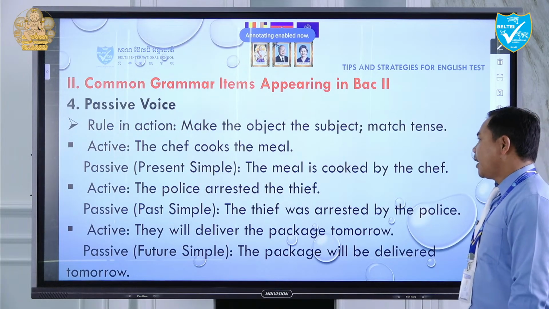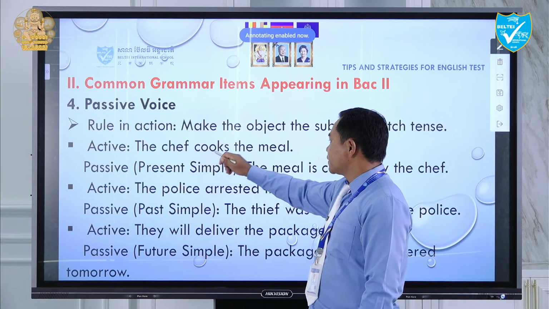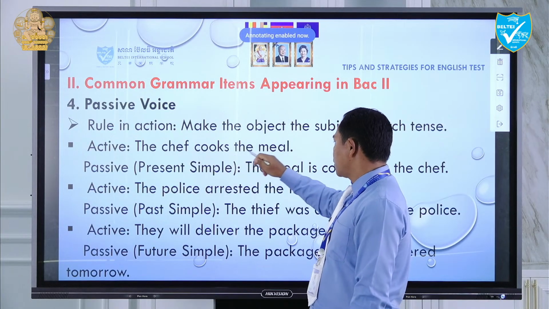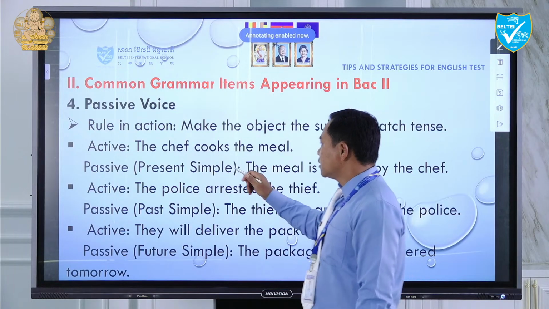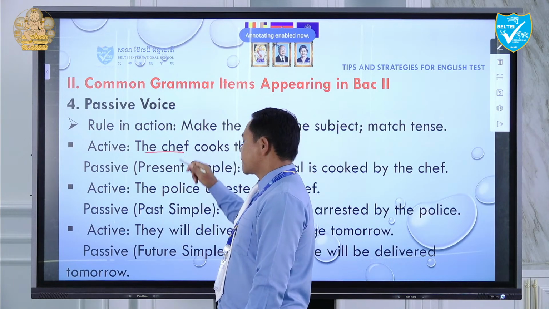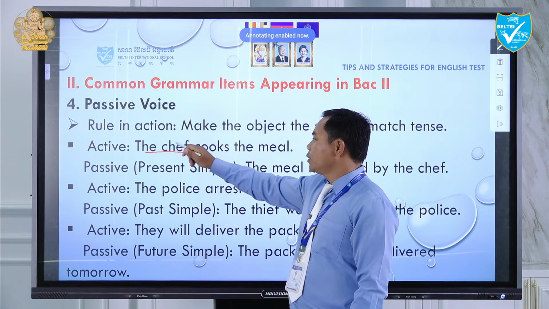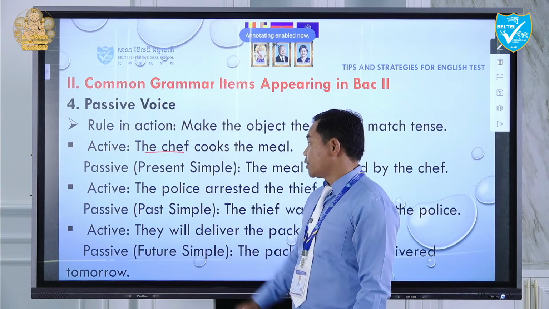In active, the chef cooks the meal. So this is called active because we focus on the chef as a subject. Cook is a verb, so the chef is the doer of the action.